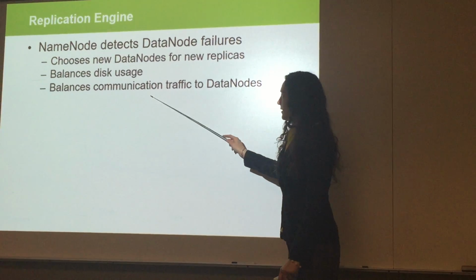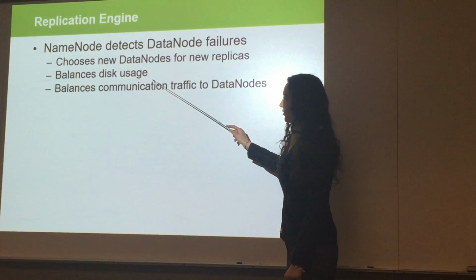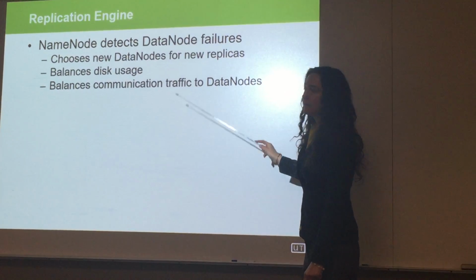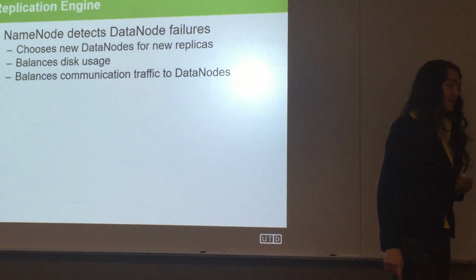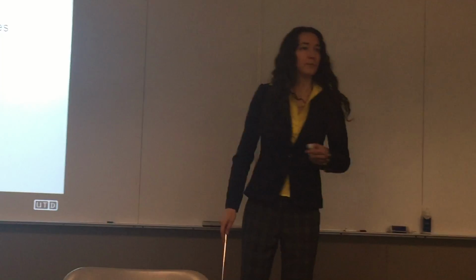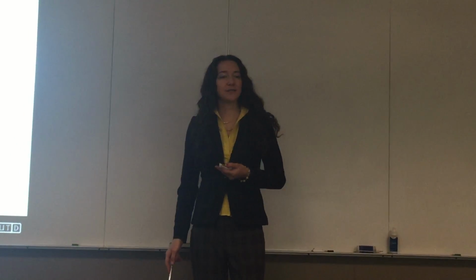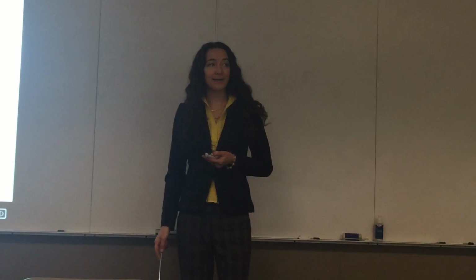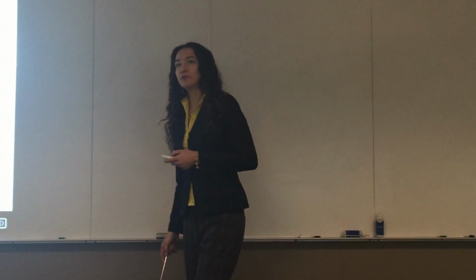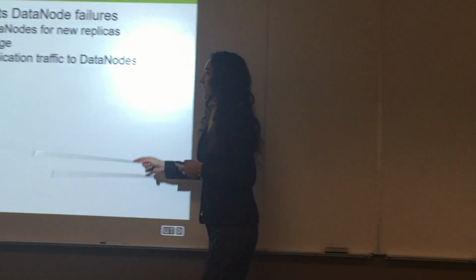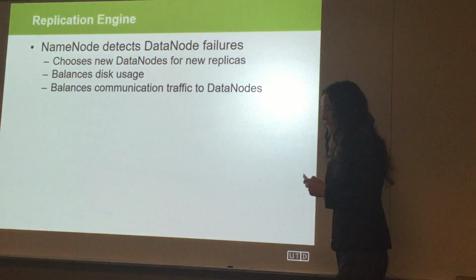So it will balance not only this usage, but also network traffic to those nodes. If some of the network lines have too many packets in them, then this means that they're very slow, and so it will try to choose one that doesn't have that much traffic at the time.